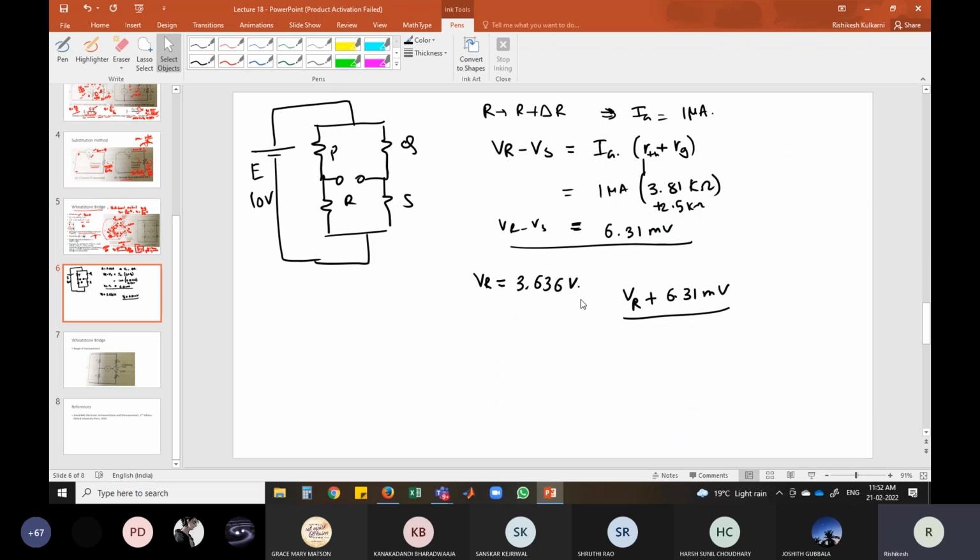So change in R has caused the value of VR to increase from 3.636 volts to 3.636 volts plus 6.31 millivolts. Okay, that much increase it will show. So how much is VR plus delta R? 3.636 plus 0.00631. How much is it?